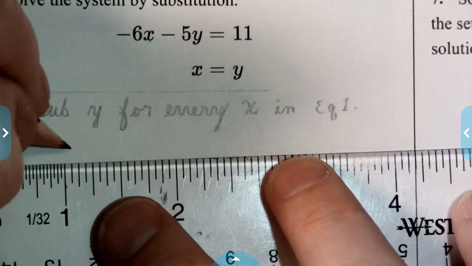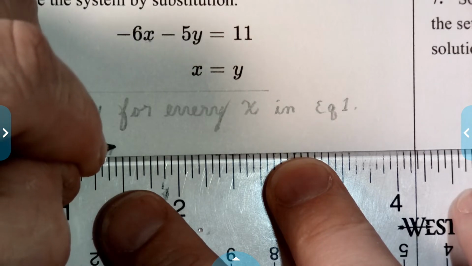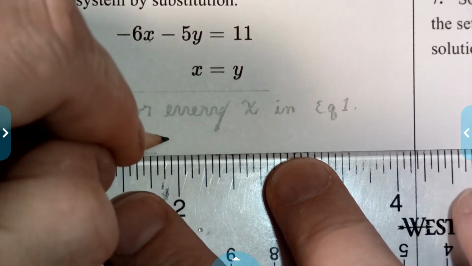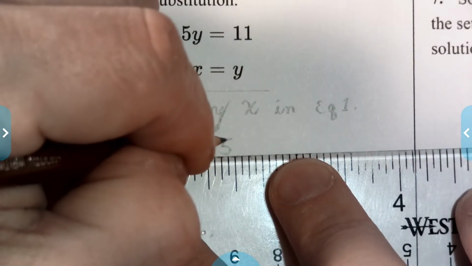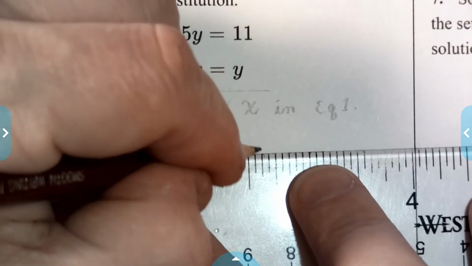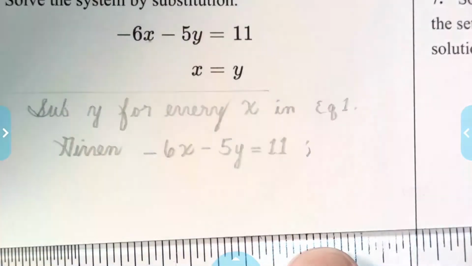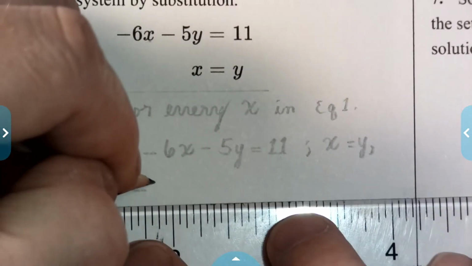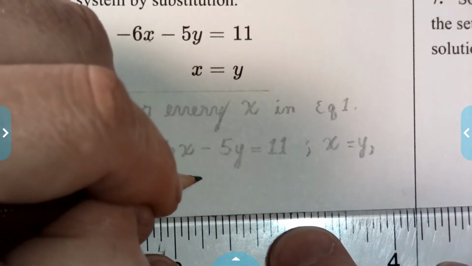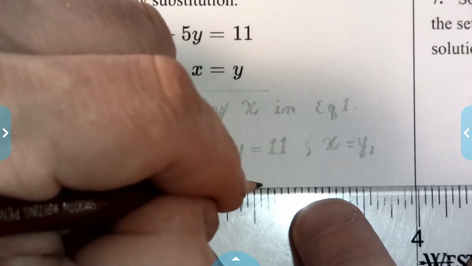So we'll say, okay, fine, given negative 6x minus 5y equals 11, and x equals y, then we have negative 6, open parentheses, close parentheses, minus 5y equals 11.